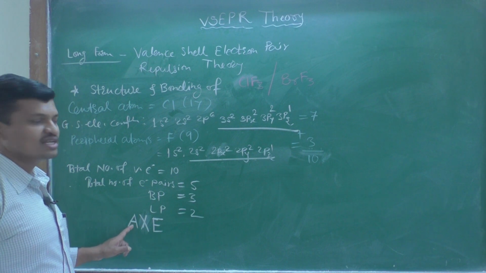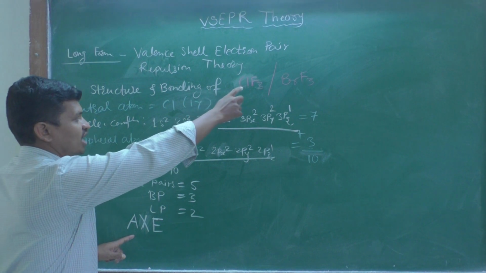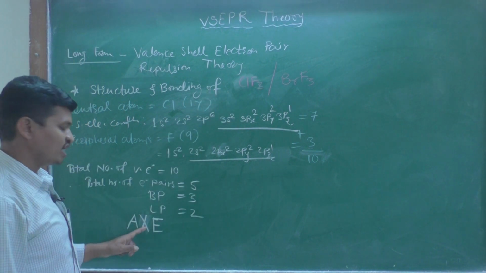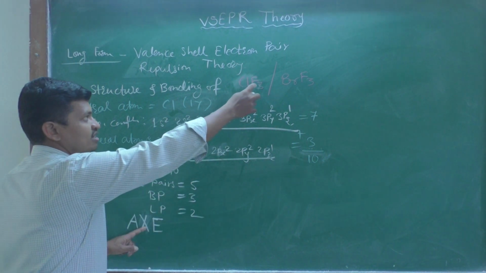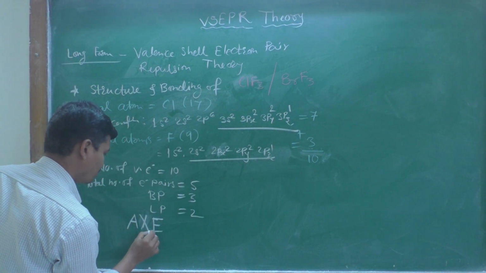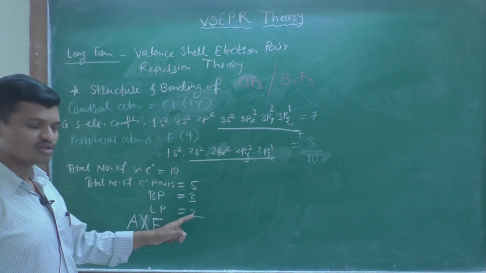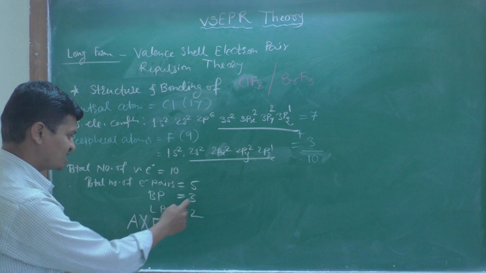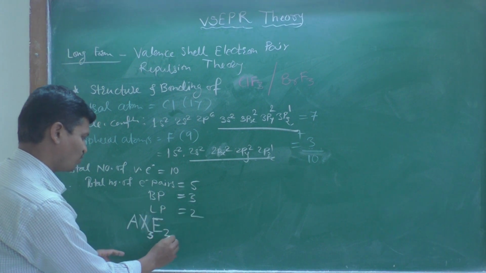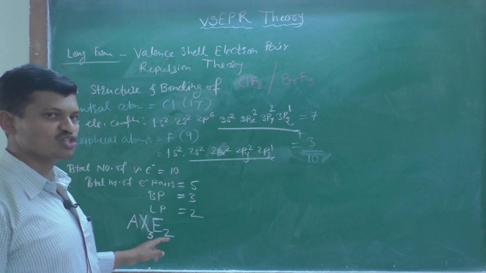A is the central atom. How many central atoms are there? Only 1. X is the peripheral atoms. How many are there? 3. So AX3, and how many lone pairs are there? 2. So bond pairs are 3 and lone pairs are 2. Therefore the AXE notation of this ClF3 molecule will be AX3E2.